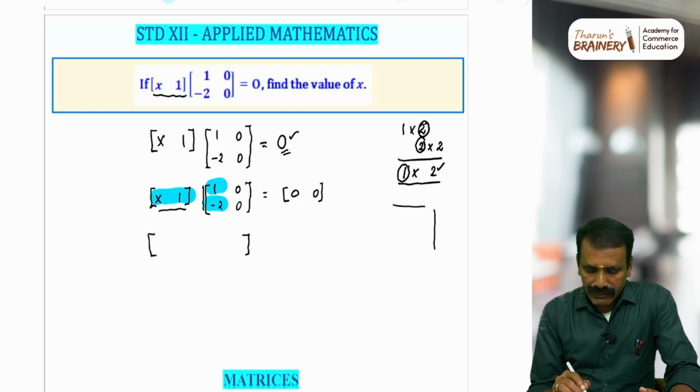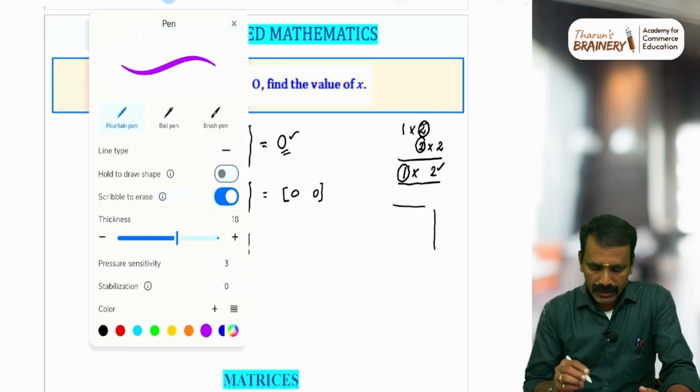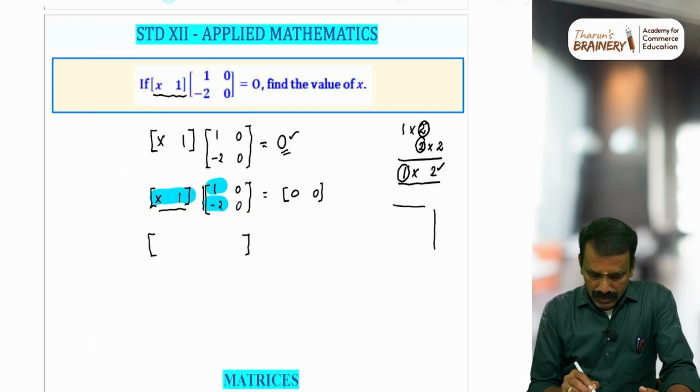How many elements do we have in this first column? 2 elements again, 1 and minus 2. So how to multiply? The first element should be multiplied with the first element, the second element with the second element. So start multiplying. x multiplied with 1, plus the second element, 1 multiplied with minus 2.